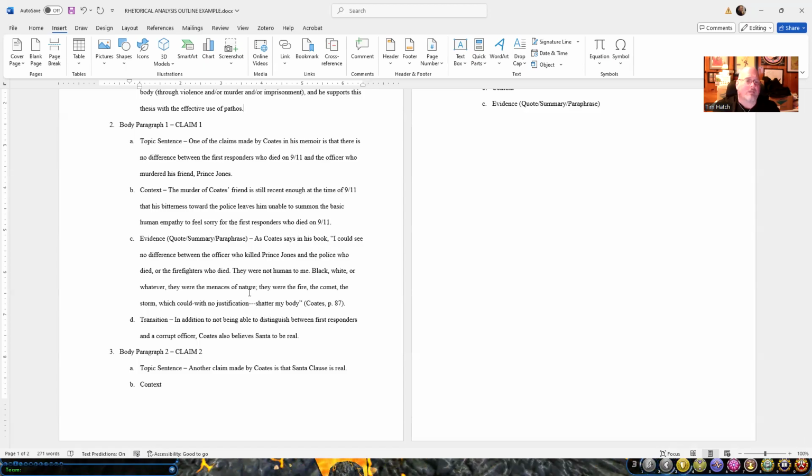Coates is so racked with grief over the loss of his friend, the murder of his friend, that he literally sees no difference between firemen and police officers, who he views as agents of the state, and an earthquake that just, without any agenda, kills. Earthquakes kill people all the time, or tornadoes or whatever, right? So this is an appeal to emotions.